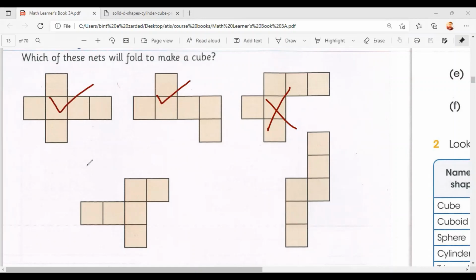So try to cut a paper the same as this shape and make different colors, so you can easily fold it. This one also, you can make all of them a cube. Yes, this one also. Only this shape cannot, because there is no upper portion. These are the sides. But the other shapes you can make a cube.